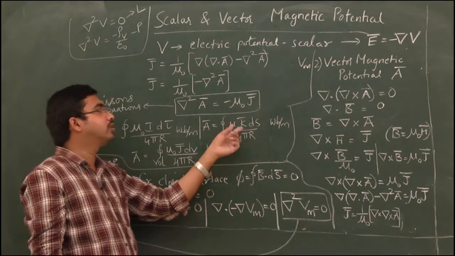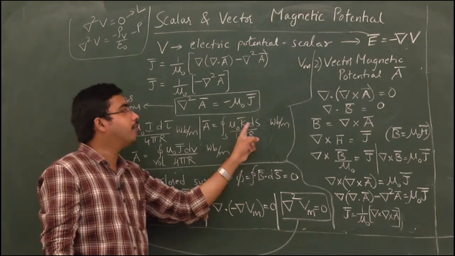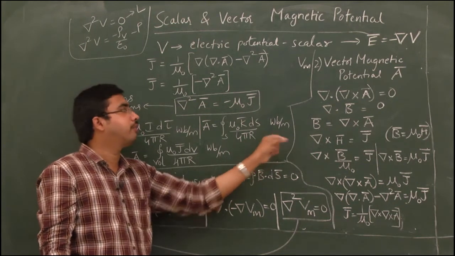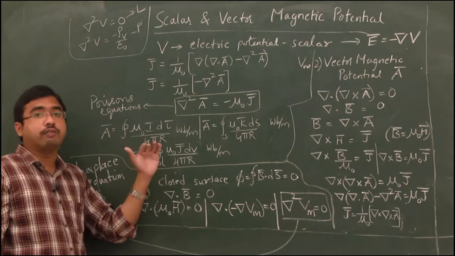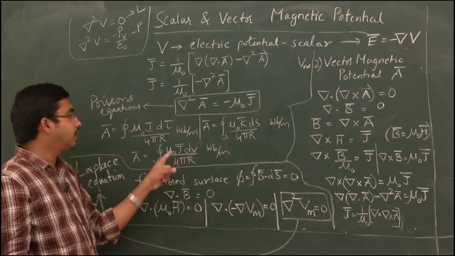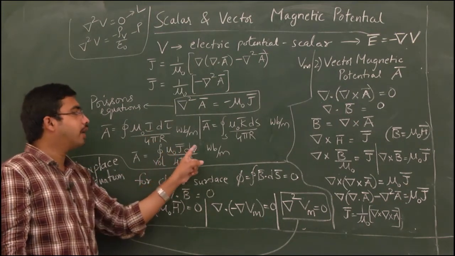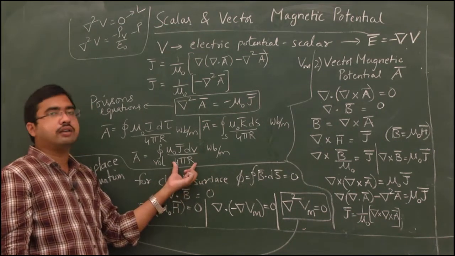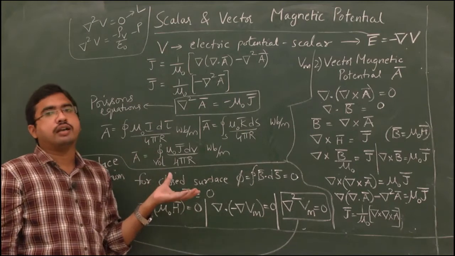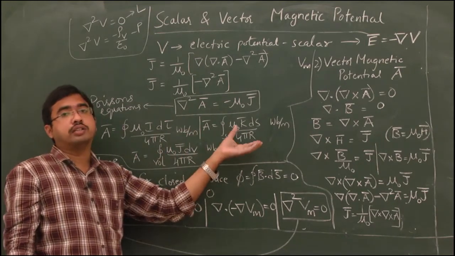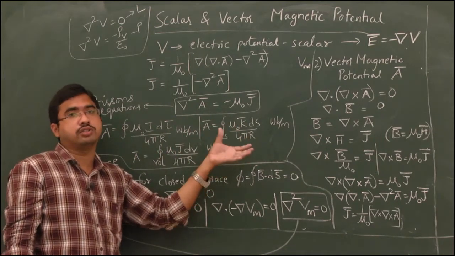For surface current distribution, it is integral mu naught K bar ds by 4 pi r Weber per meter, and for volume current distribution, it is integral mu naught J bar dV by 4 pi r Weber per meter. Here in magnetostatics, vector magnetic potential plays a major role in the distribution of field.